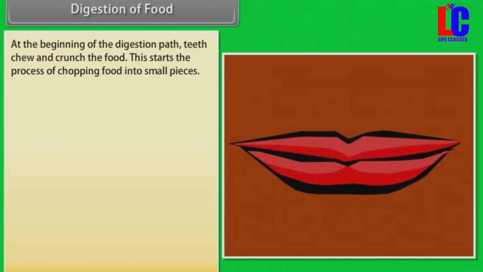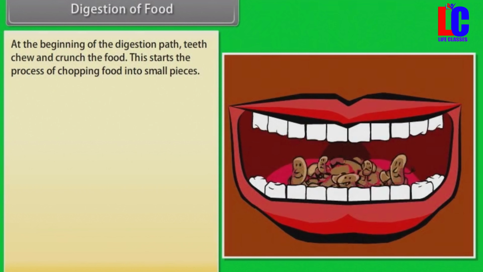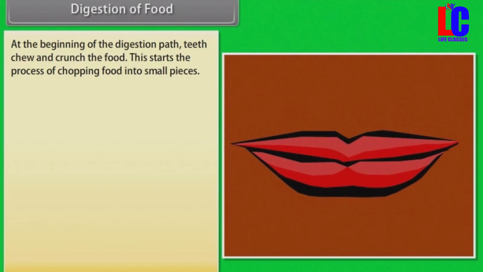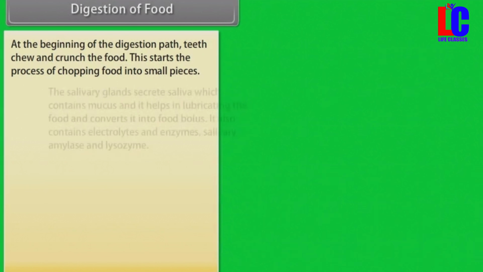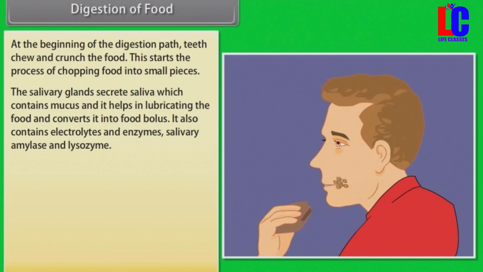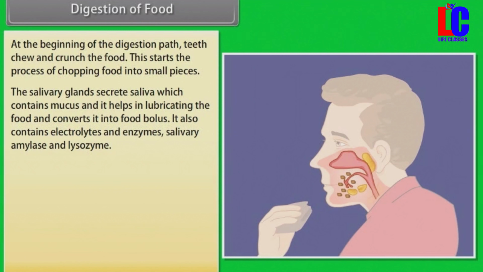Digestion of food. At the beginning of the digestion path, teeth chew and crunch the food. This starts the process of chopping food into small pieces. The salivary gland secretes saliva which contains mucus, and it helps in lubricating the food and converts it into food bolus. It also contains electrolytes and enzymes, salivary amylase and lysozyme.